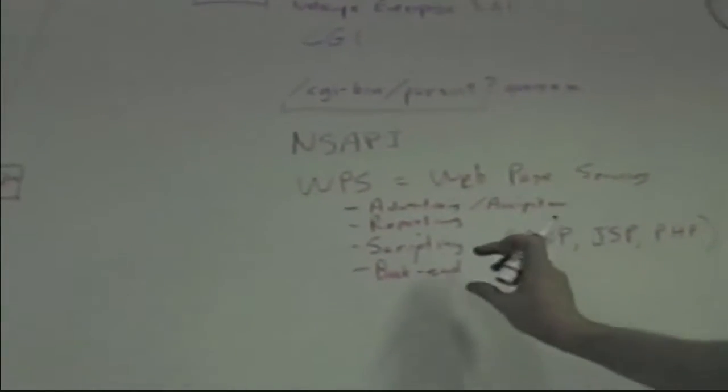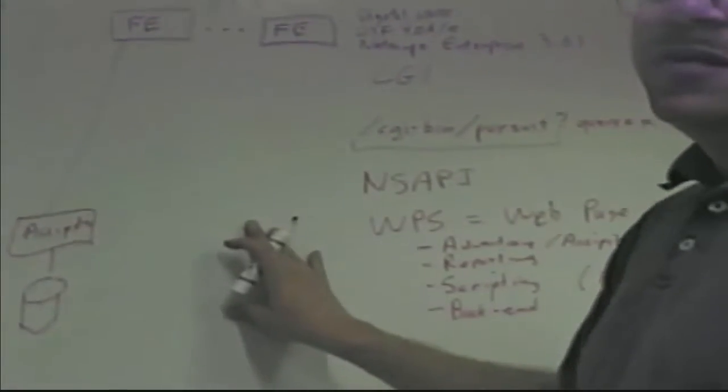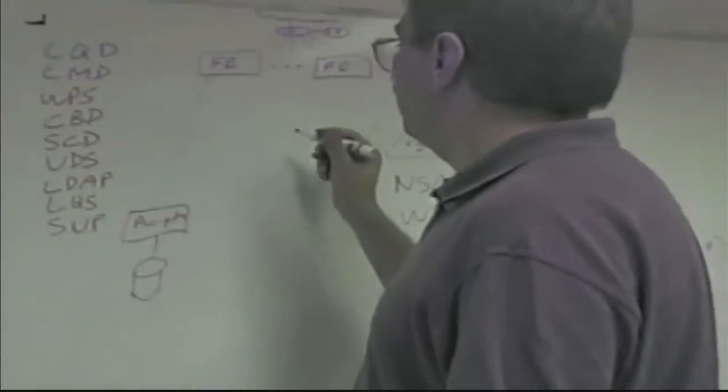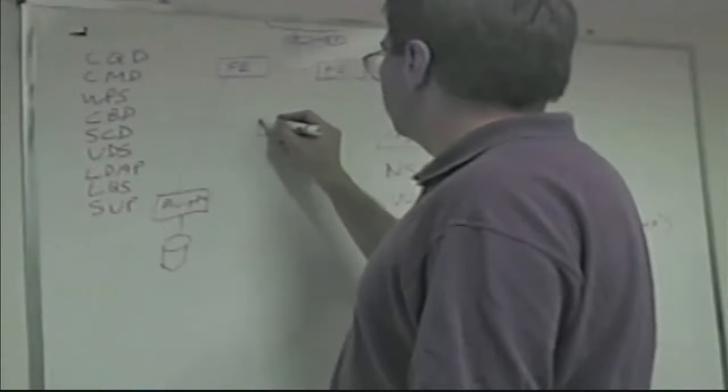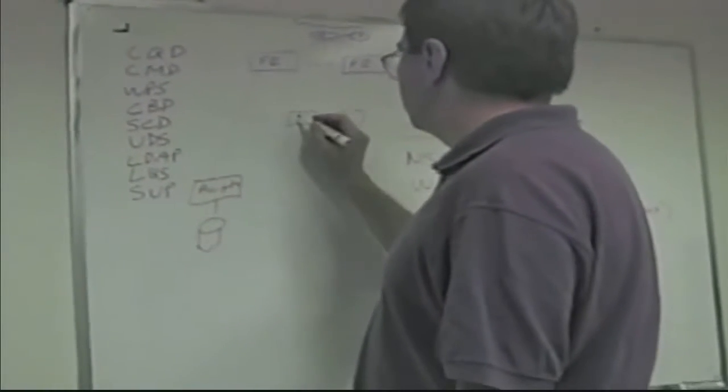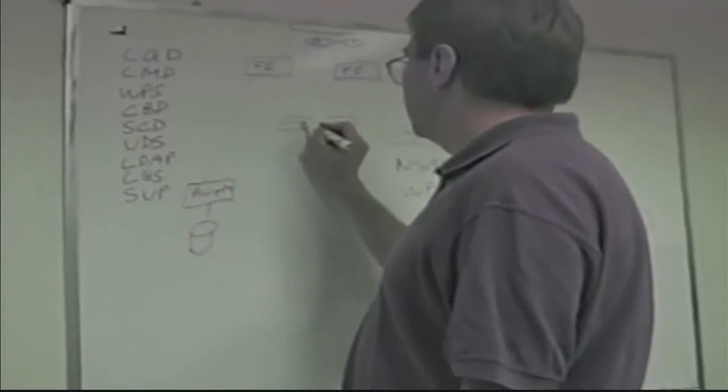So there's a bunch of code linked into WPS that talks to the various backends. Going down the acronym list here, the most important set of backends is the search engine. So let me just draw a few things here.